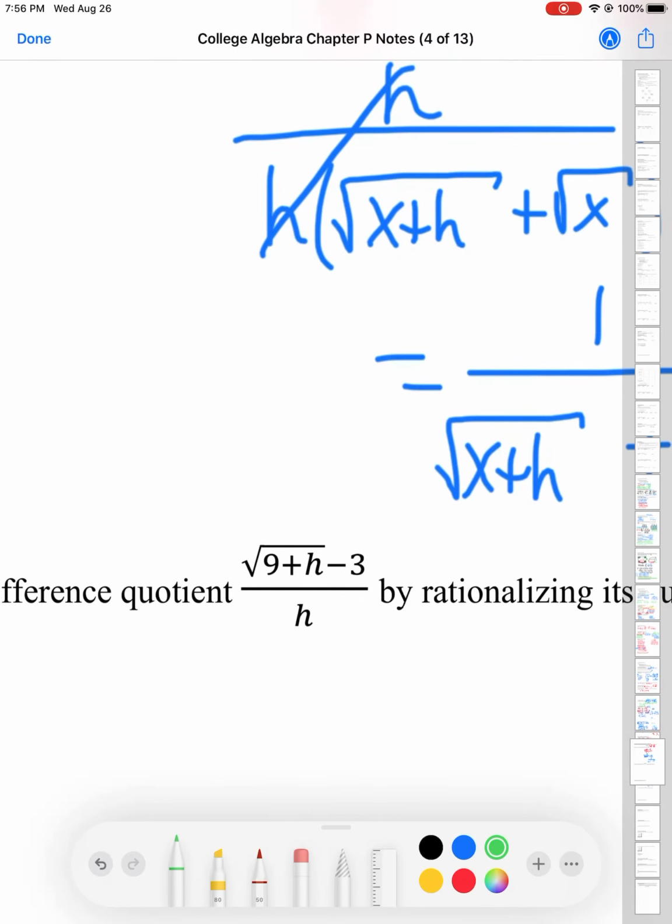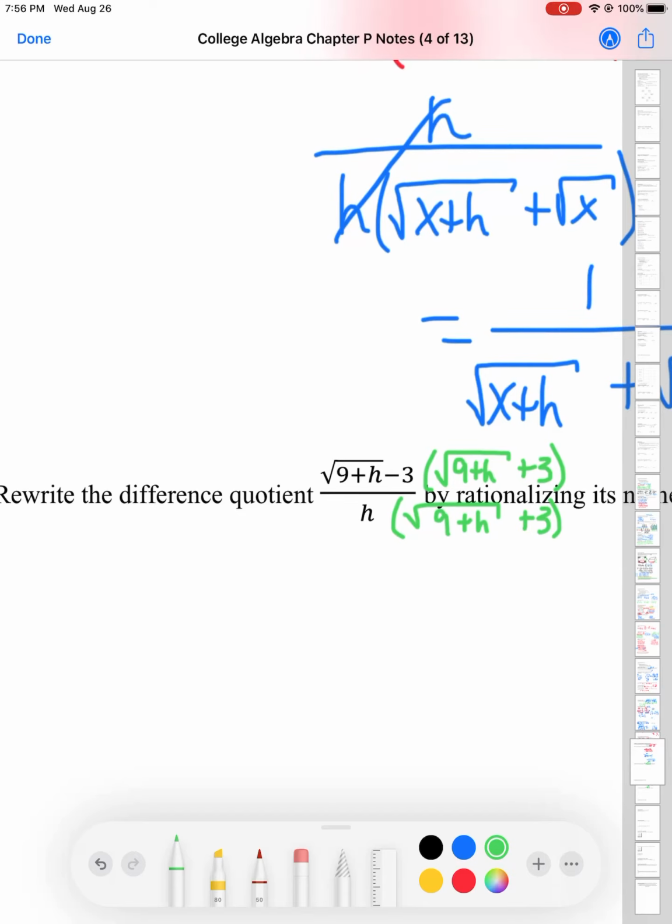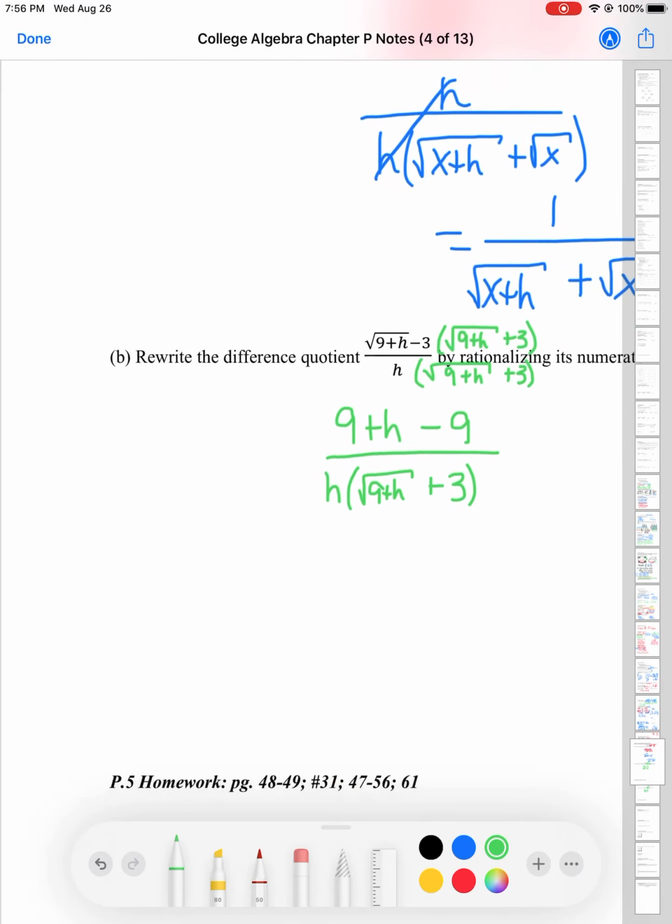So something similar happens when we do this conjugate. We do the square root of 9 plus h plus 3, top and bottom. So we get 9 plus h minus 9, because when we square 3, it's 9. Then on the bottom, we get h times (the square root of 9 plus h plus 3).